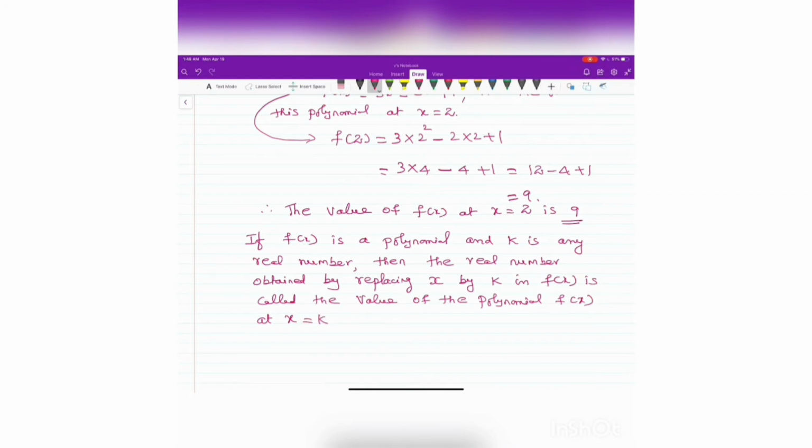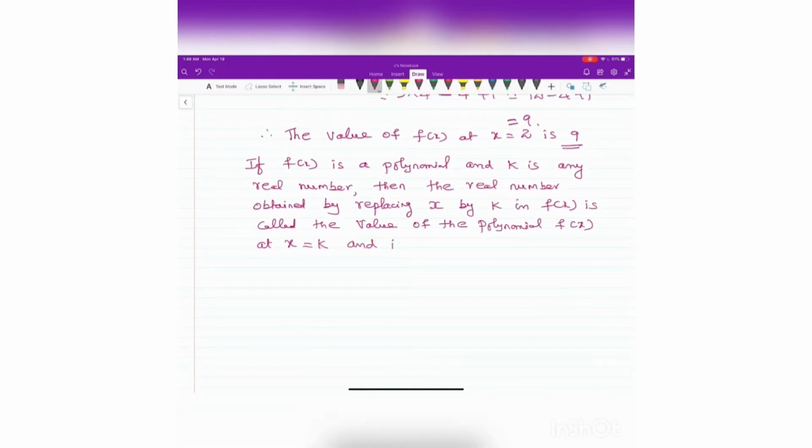This is very important. You have to mention at x is equal to what value. It is denoted by f of k.